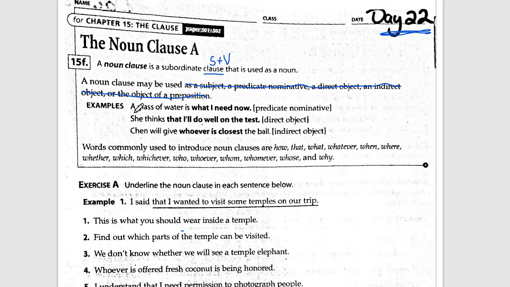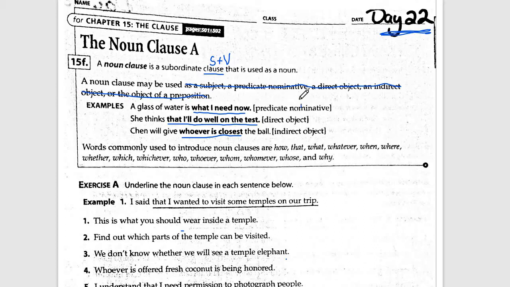So right here they give you a few examples with their labels. Everything in bold, everything I'm about to underline, is a noun clause. Okay, so all of those bold phrases are noun clauses. And they demonstrate for you, okay, this is an example of a predicate nominative.